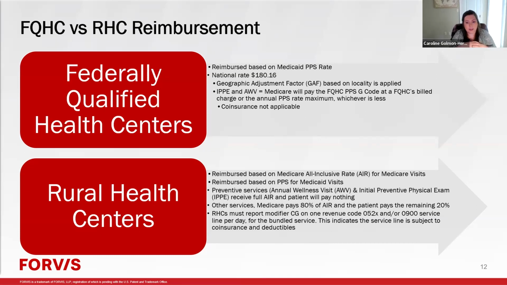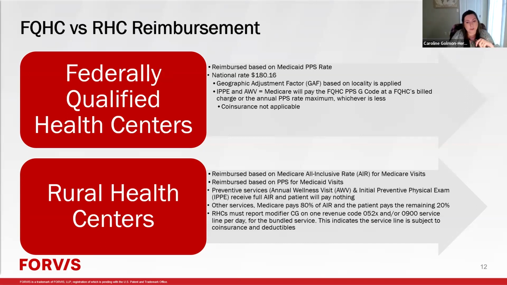From an RHC's perspective, RHCs are reimbursed on an AIR, the Medicare all-inclusive rate, for those Medicare visits, and a PPS for Medicaid visits. IPPEs and AWVs receive full AIR, and the patient will pay nothing. For other services rendered in an RHC, Medicare pays 80% of the AIR, that all-inclusive rate, and the patient pays the remaining 20%.